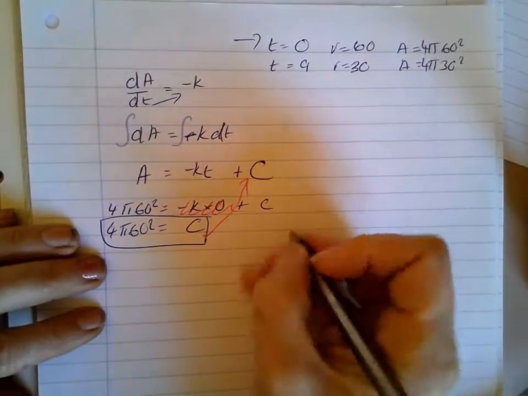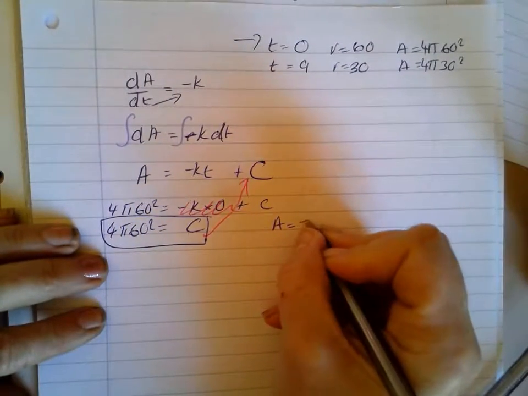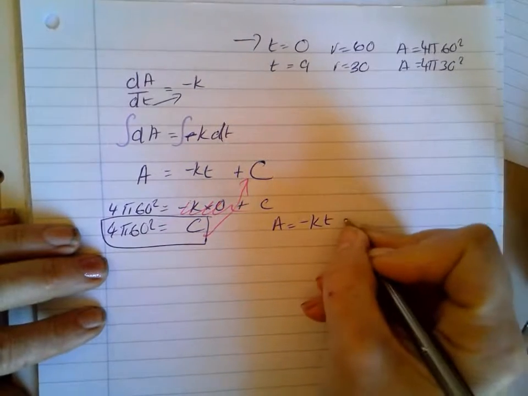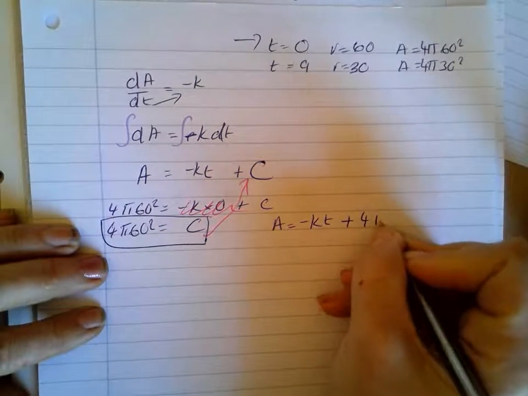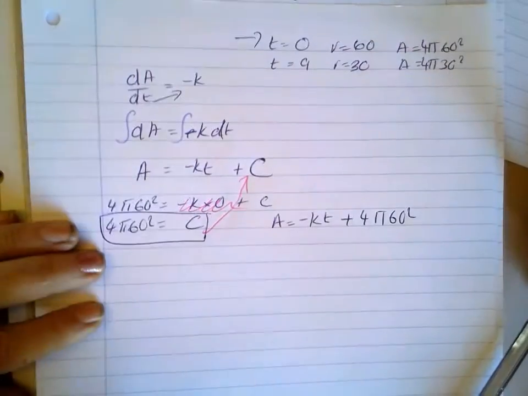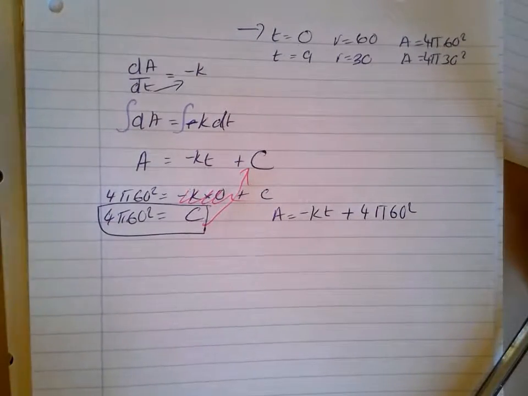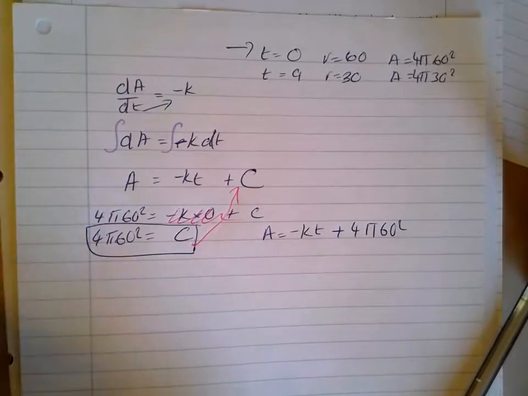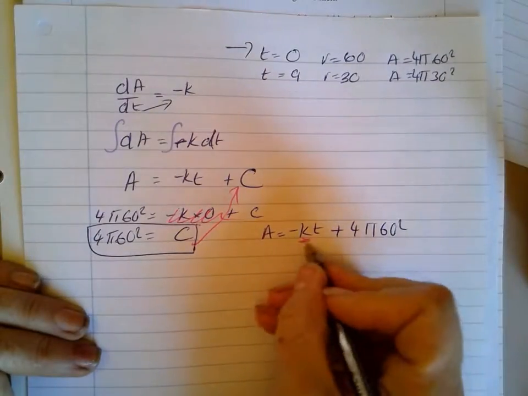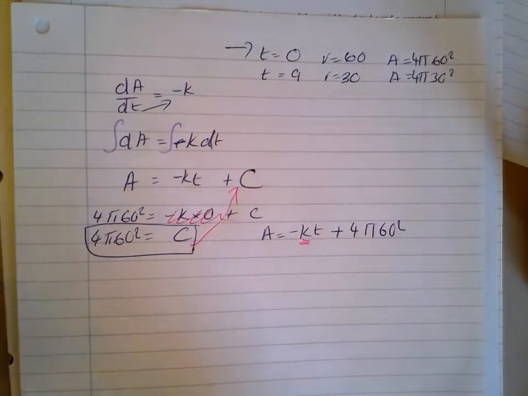Okay, so I'll write it out. A equals minus kt plus 4 pi 60 squared. That is the equation so far, but we don't know k yet. So we have to use what we know to find out k.